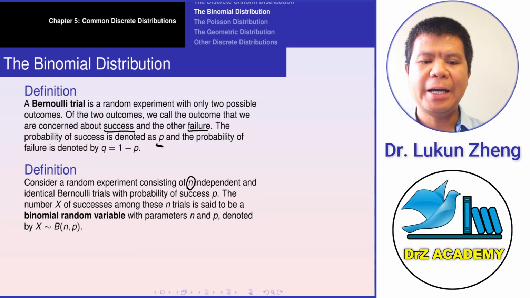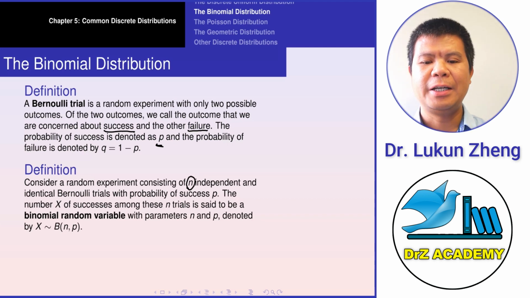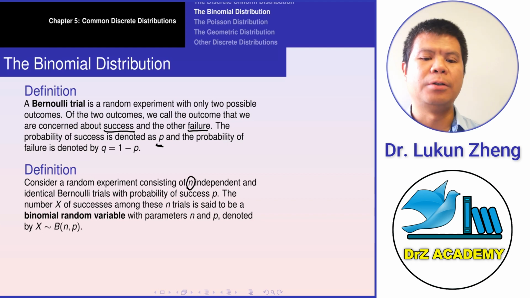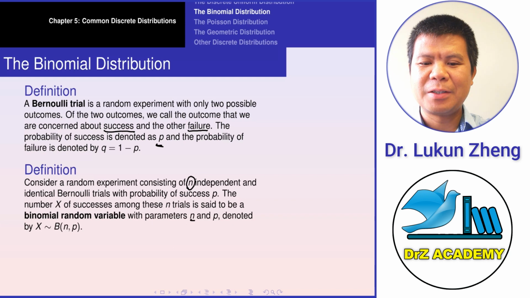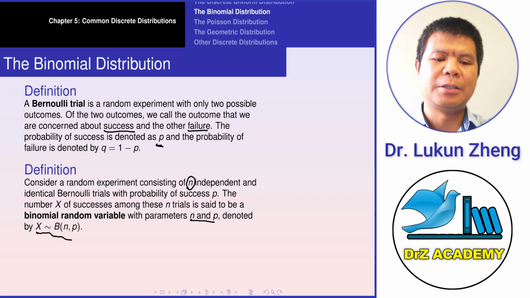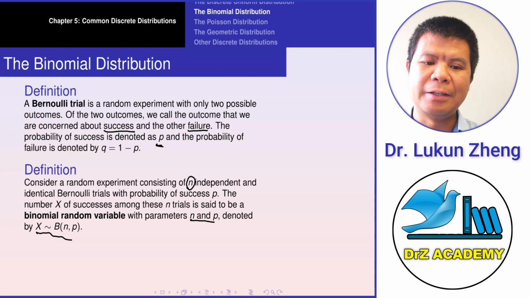The number X of successes among these n trials is said to be a binomial random variable with parameters n and p. X has a binomial distribution with parameters n and p.